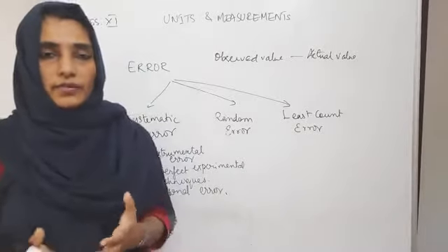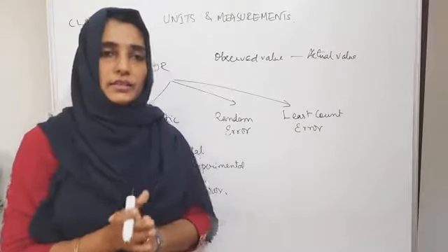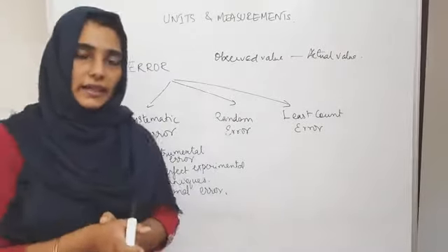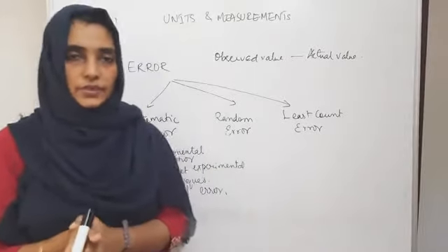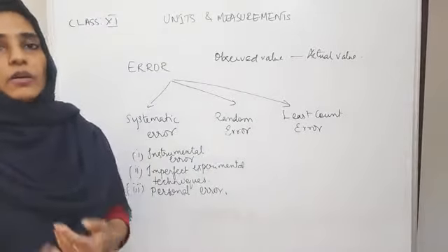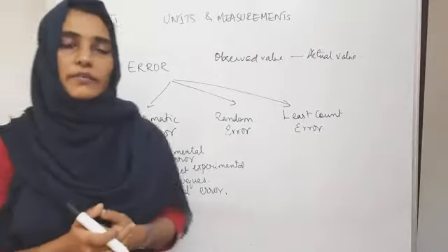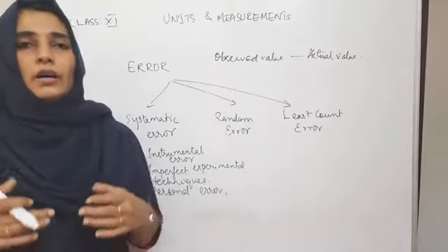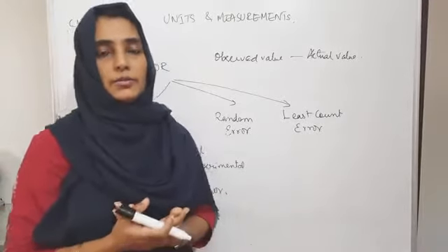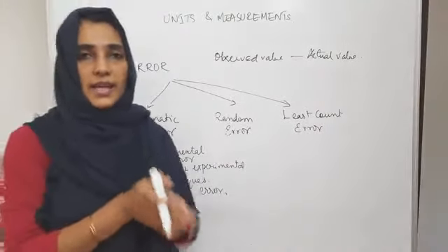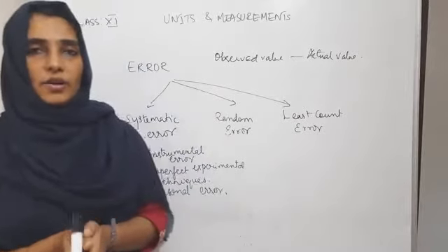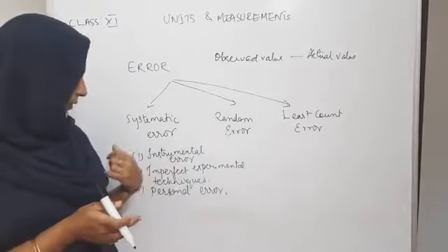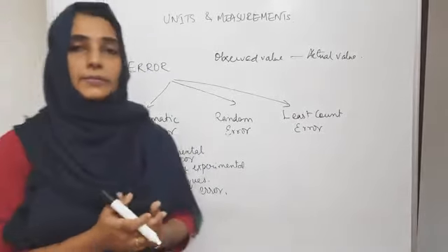That is, if you are finding a measurement using an instrument which has faulty calibrations or faulty graduations, then that error will occur repeatedly. So we can eliminate these kinds of errors, instrumental errors, by using good quality instruments and going for standard calibrations of the instruments. Okay. Now, next is imperfect experimental techniques.